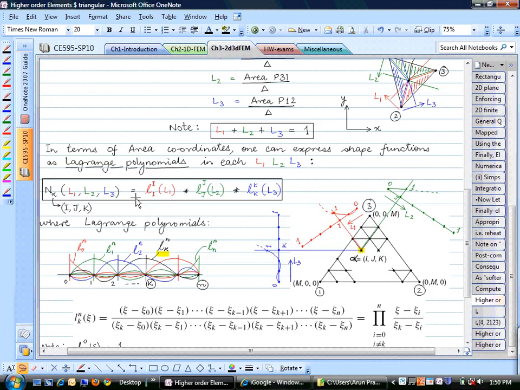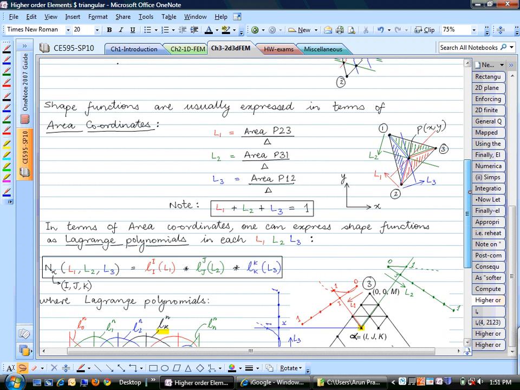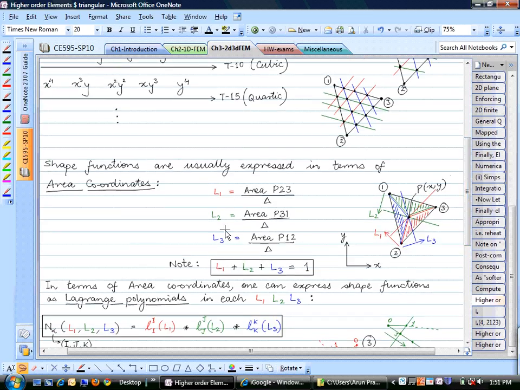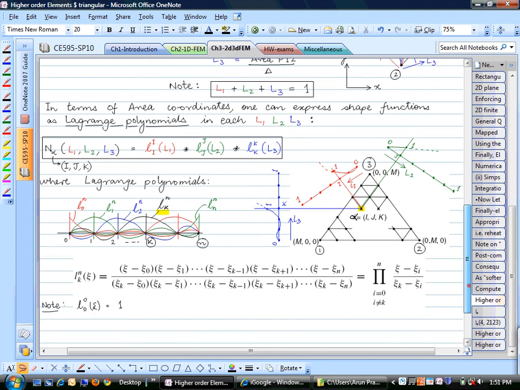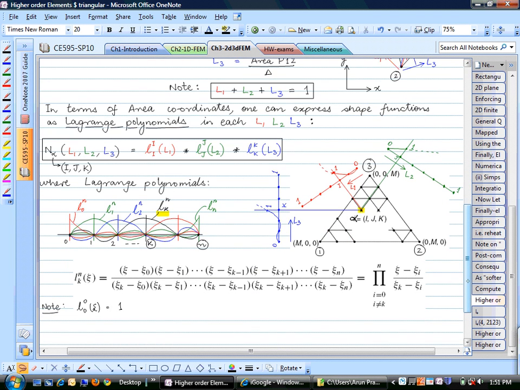So finally, if you multiply all these Lagrange shape functions out, you will get a function that goes to 1 here and 0 at every other node. And that's how you will construct shape functions that are in terms of L1, L2, L3 that go to 1 wherever you want and go to 0 everywhere else. Okay. And we'll do a little in-class exercise today based on this, so you'll get some practice about this.